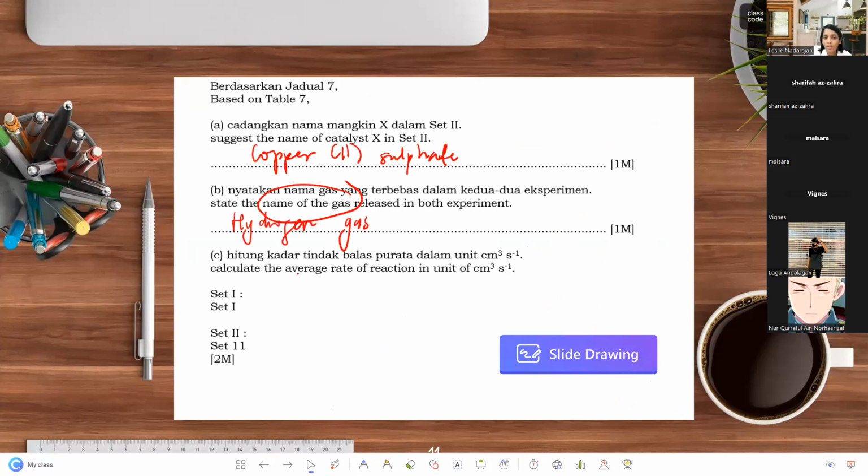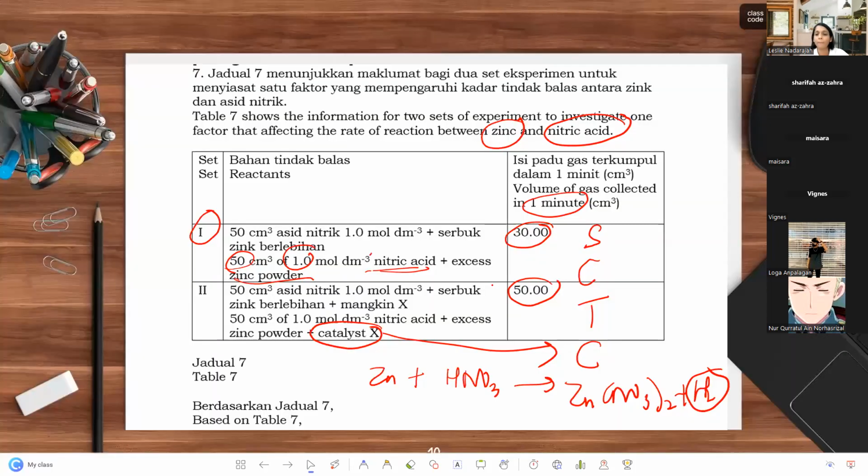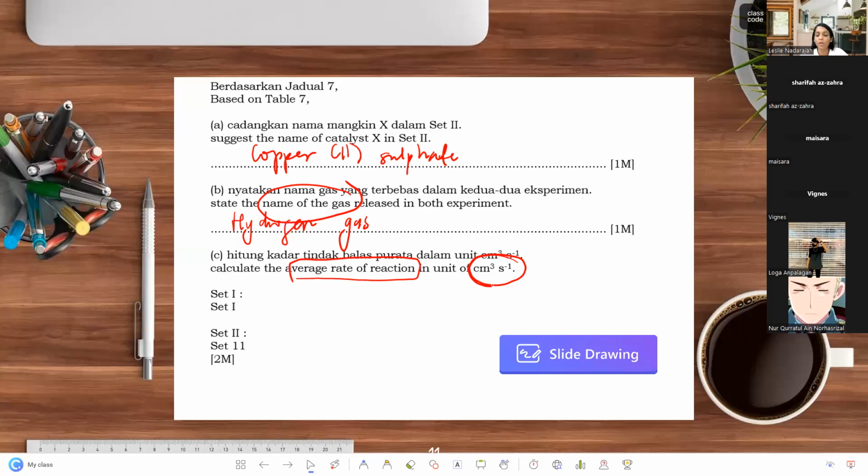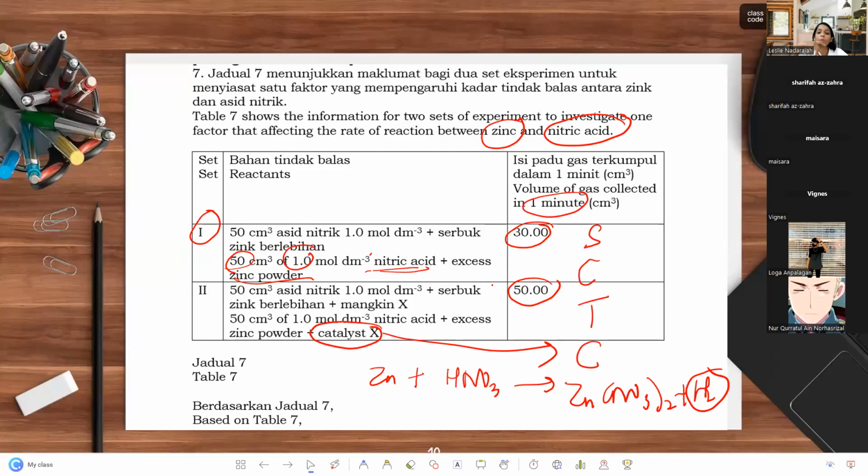What is the average rate per second? How to do this question? What is the average rate of reaction in centimeter cube per second for set 1? Who can tell teacher? Answer is in front of you. 0.25. Okay, how did you get 0.25?